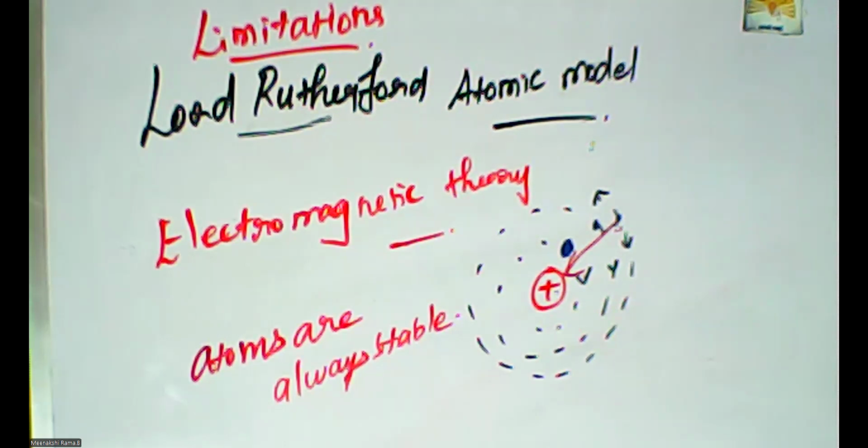What is this? Yes, this is the model of Thomson. The Thomson atomic model is also called the plum pudding model. It looks like a watermelon. The seeds are the electrons, and the red or orange part is the protons or neutrons.